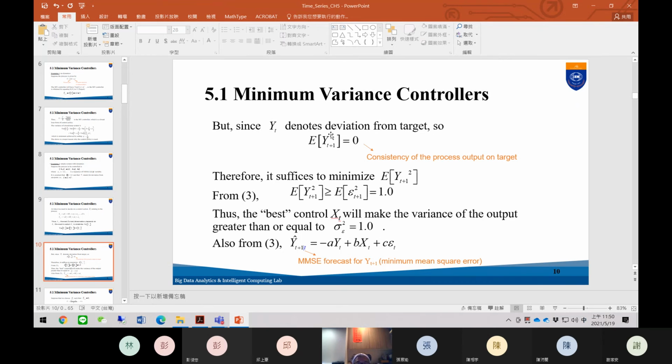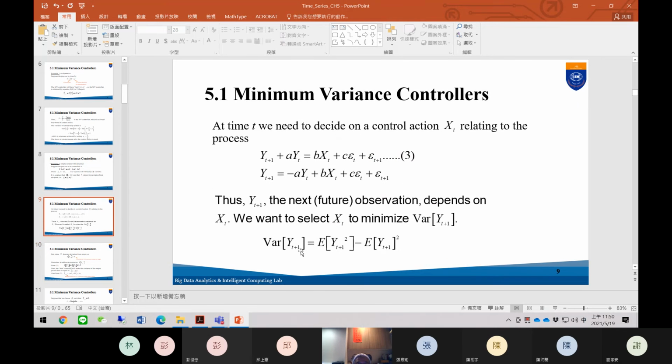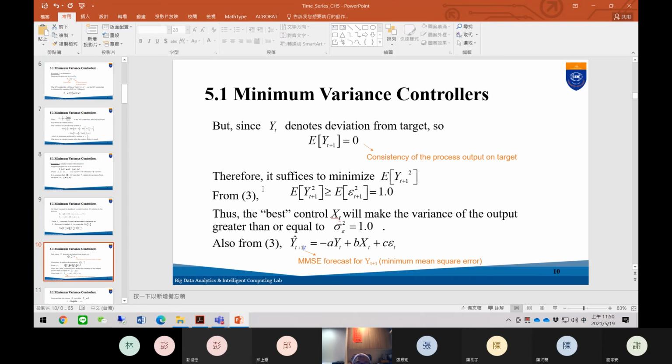Since Y_t denotes the deviation from target, the expected value of this is equal to 0. Y_t is the deviation from the mean, so this is 0. From target, so the expected value of Y_(t+1) is 0.